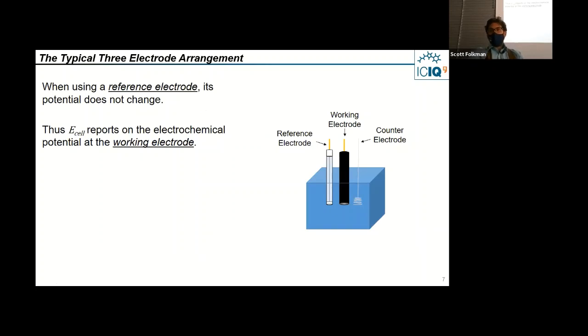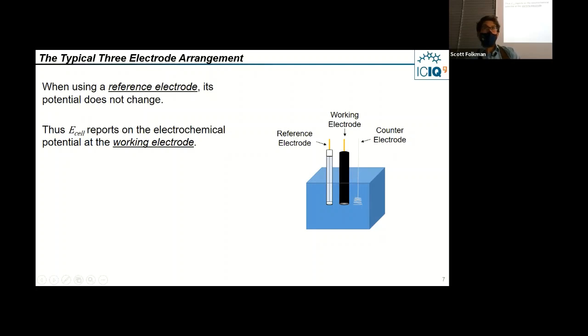So moving on to something a little bit more practical. In electrochemistry, we typically see this 3 electrode arrangement. And as I noted last time, we use this reference electrode, which is some standard couple, for example, silver 0 coupled to silver chloride. And we use that because that potential does not change.